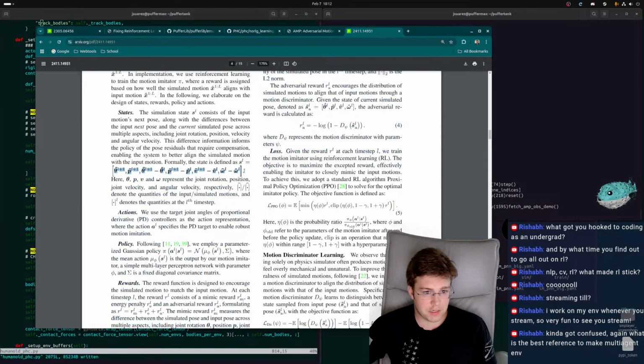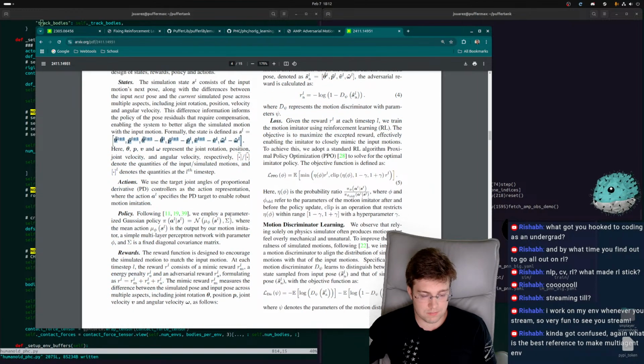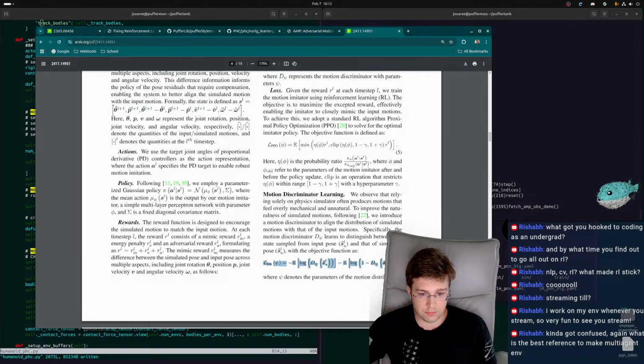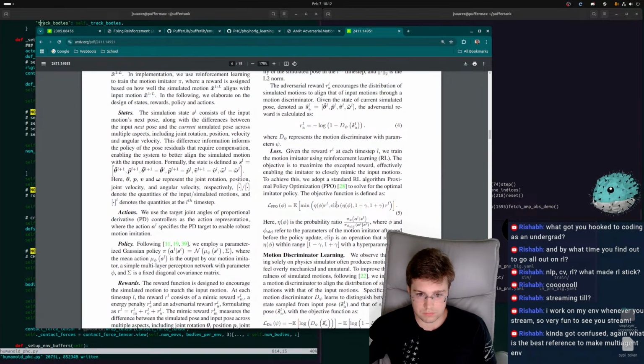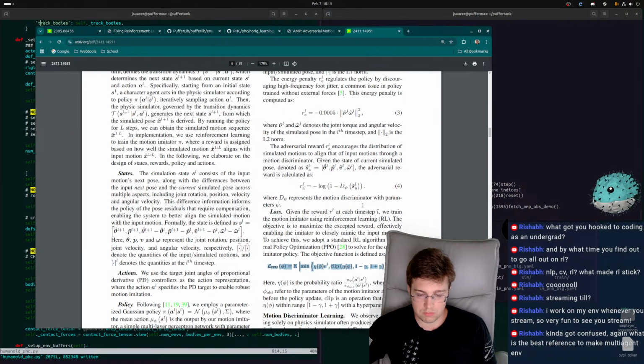Is this the AMP obs right here? Here's the binary cross entropy, presumably. This is just PPO.